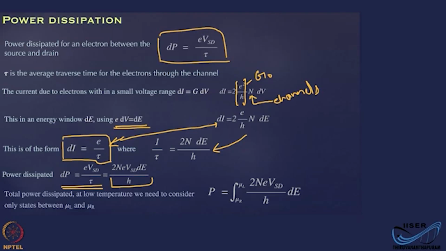But now remember, there are a lot of states between mu R and mu L. So the integral over energy within the range mu R to mu L is going to give you the total power. So the total power is the integral of this dP in the energy range mu R to mu L. That is the total power dissipated.